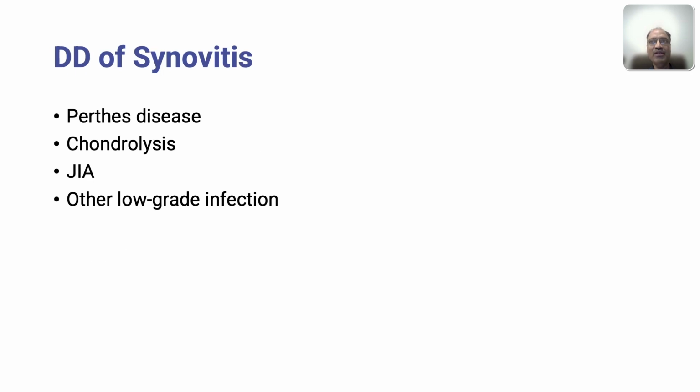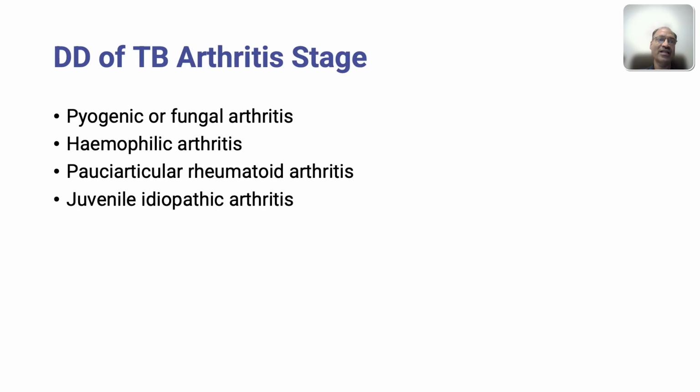If we see a child with synovitis, whatever the common epidemiological disease, we have to keep tuberculosis in mind for any joint involvement. If the patient is from Southeast Asia or Africa, always keep tuberculosis as one of the differential diagnoses. Next slide. The same goes for a patient with arthritis. Various conditions will also mimic arthritis.